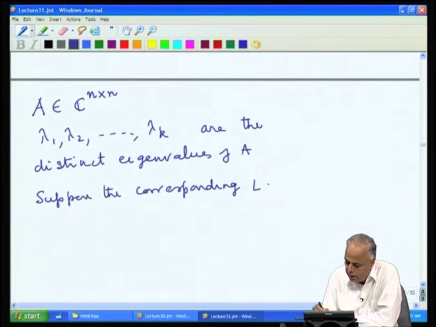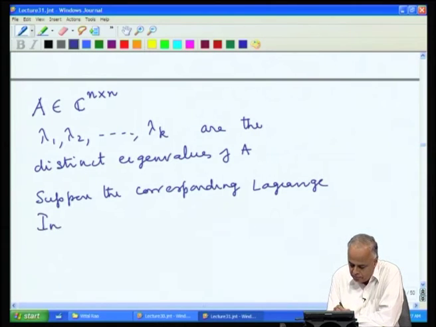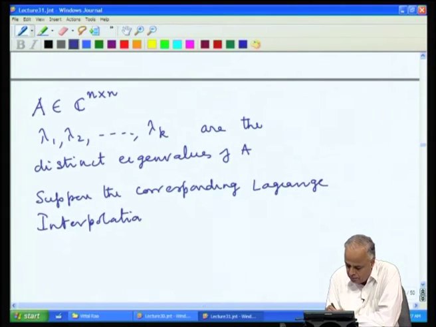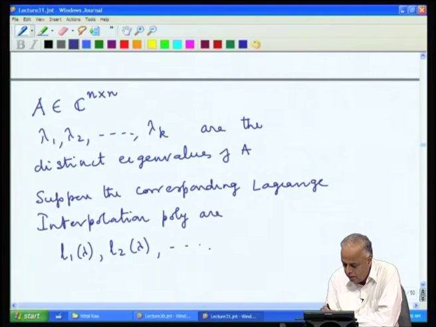Suppose the corresponding Lagrange interpolation polynomials are L1 lambda, L2 lambda, etcetera, Lk lambda.